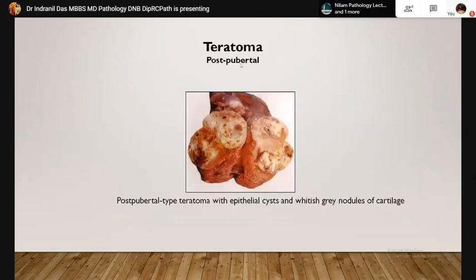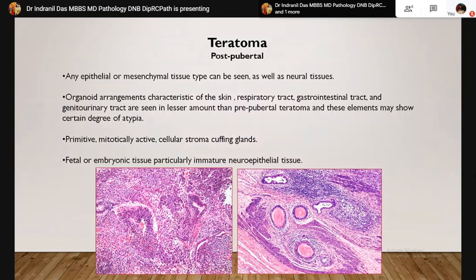This is the postpubertal type of teratoma, characterized by cyst formation and a whitish gray nodule of cartilage. Any epithelial or mesenchymal type tissue can be present, as well as neural tissues. The organoid arrangements characteristic of skin, respiratory tract, gastrointestinal tract, or genitourinary tract are seen in lesser amount than in prepubertal teratoma.